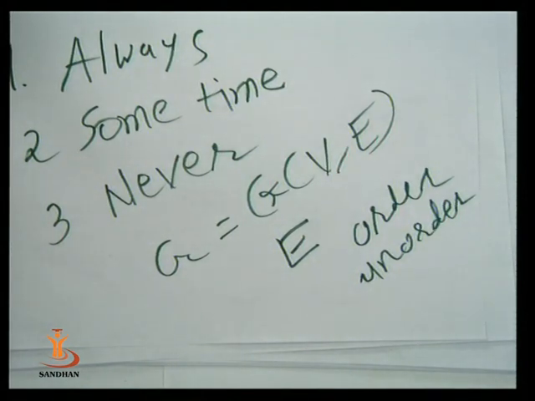If each edge is associated with an ordered pair of vertices, then the graph is called a directed graph.